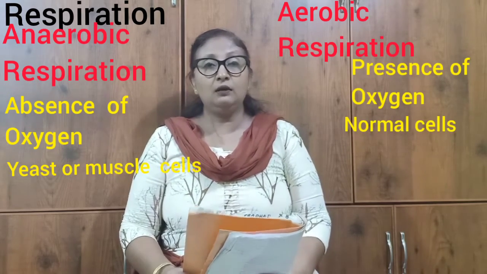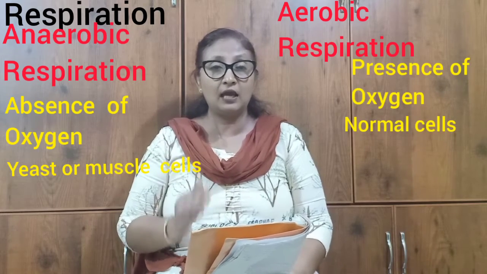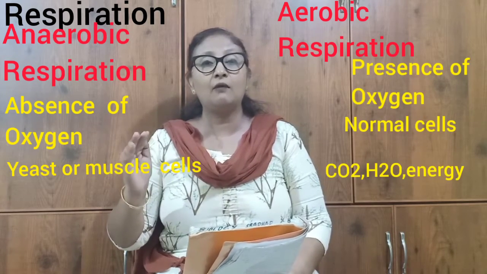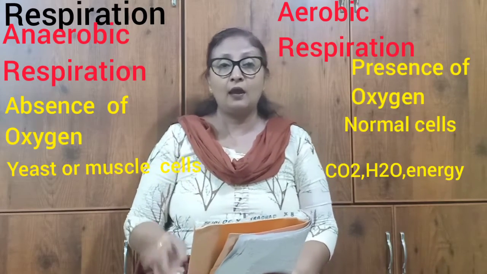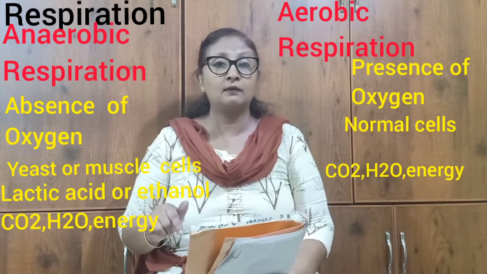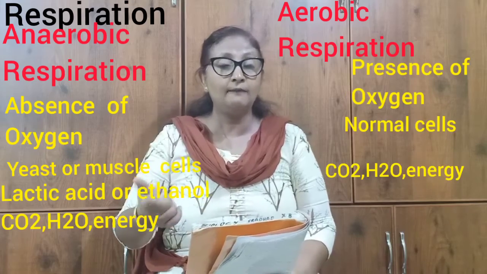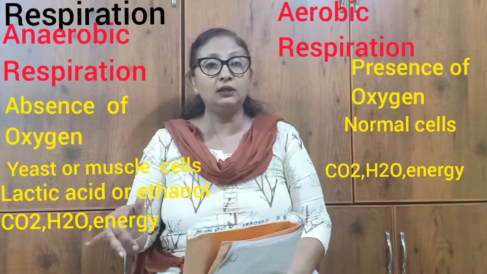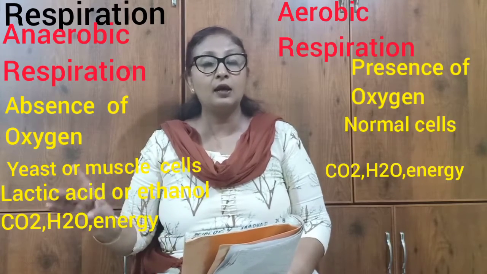In case of aerobic respiration, the end products are carbon dioxide and water, and along with that energy is also released. But in case of anaerobic respiration, the end products can be either lactic acid or ethanol, carbon dioxide, water, and a small amount of energy is also released.